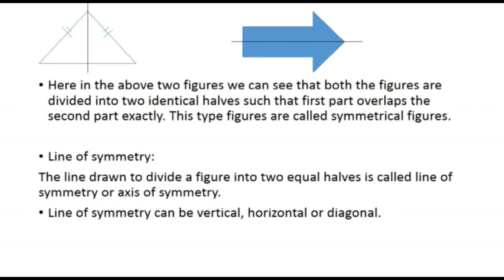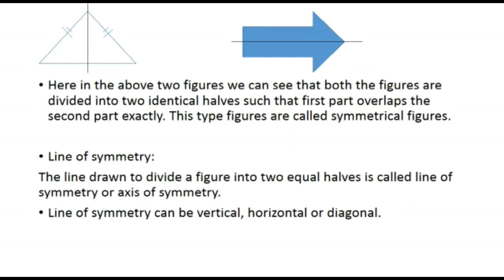In the first figure, we can see that the triangle is divided by the vertical line into two equal halves, and in the second figure, the line is dividing the shape into two identical halves.